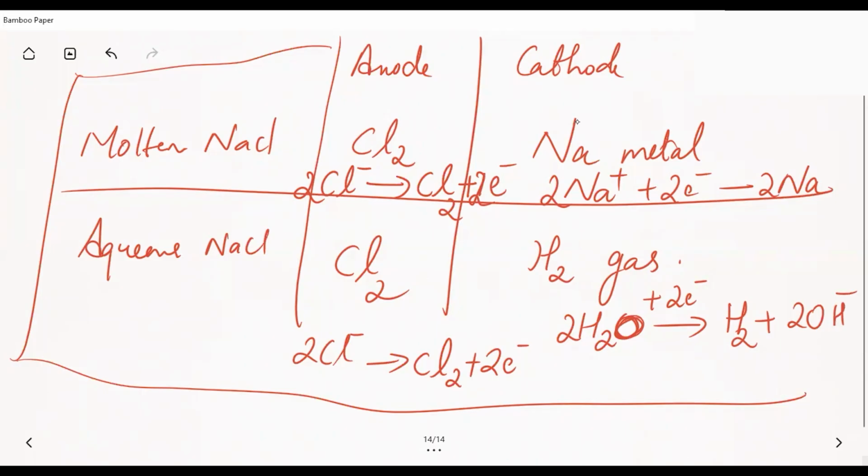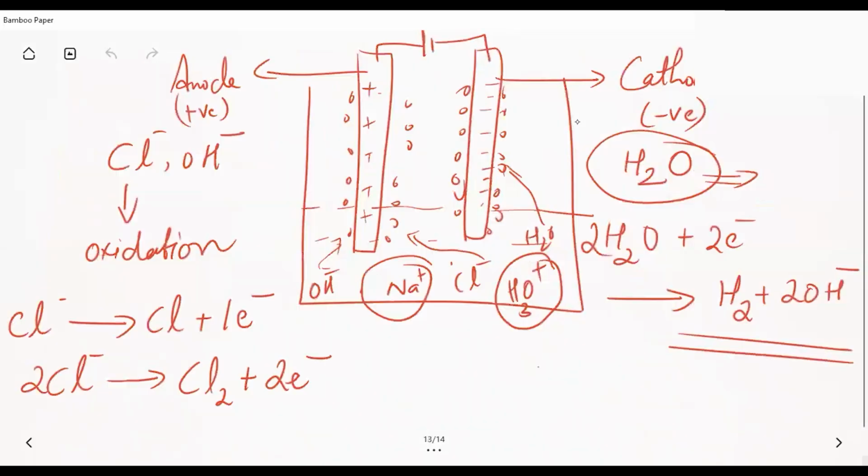Same thing, don't overthink it. Same thing forms at anode, but at cathode, in molten sodium chloride, sodium metal is forming, and in aqueous sodium chloride, hydrogen gas. That is all about the electrolysis of molten sodium chloride and aqueous sodium chloride.